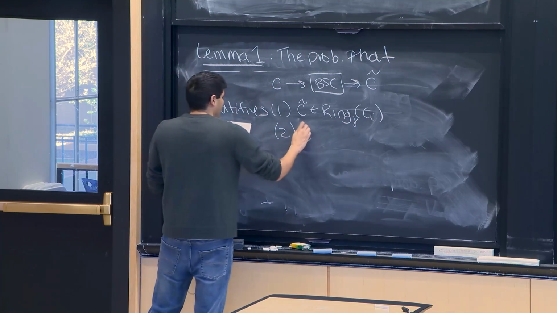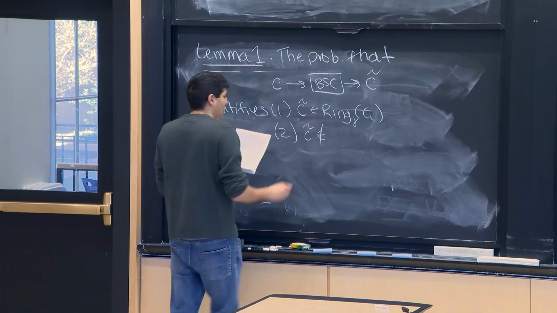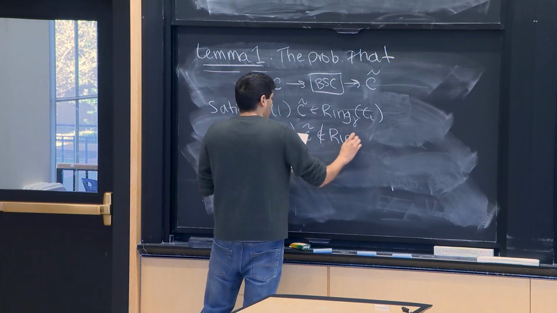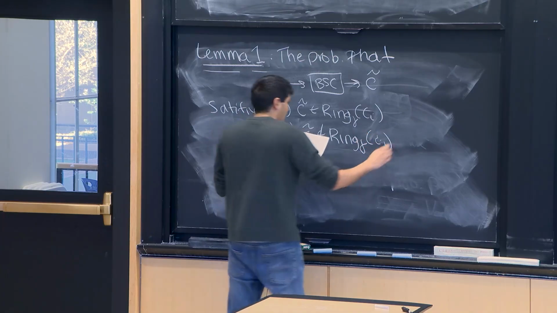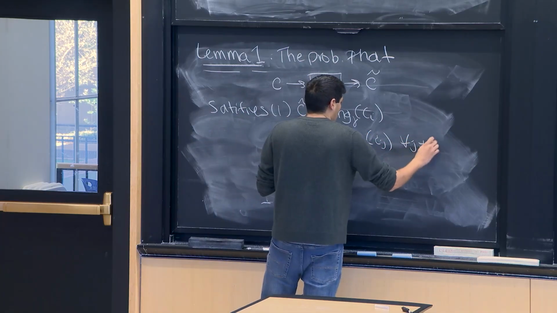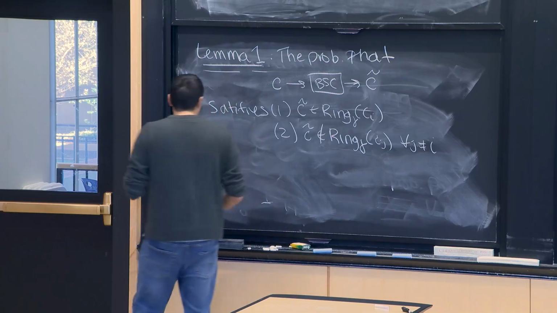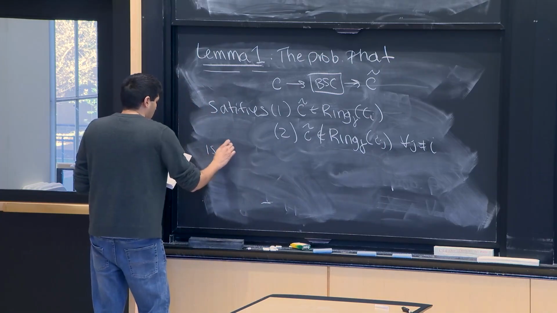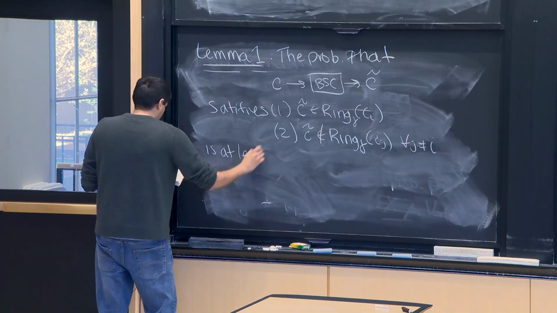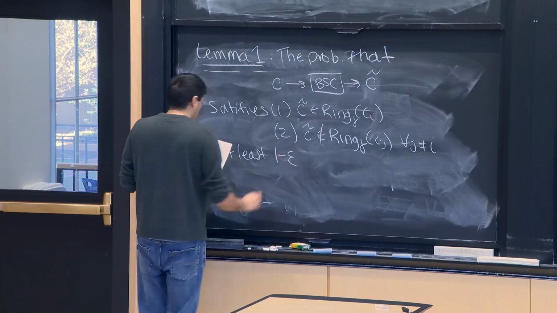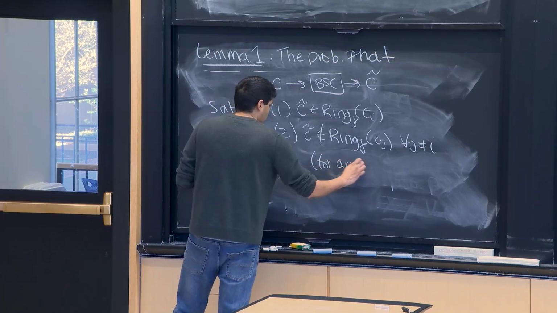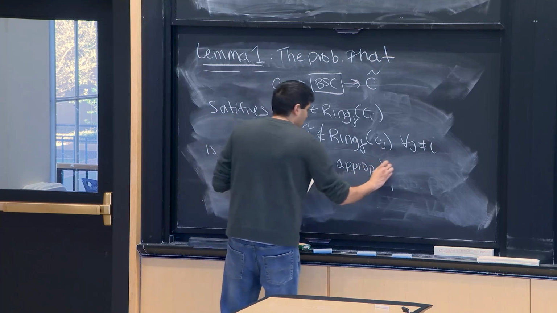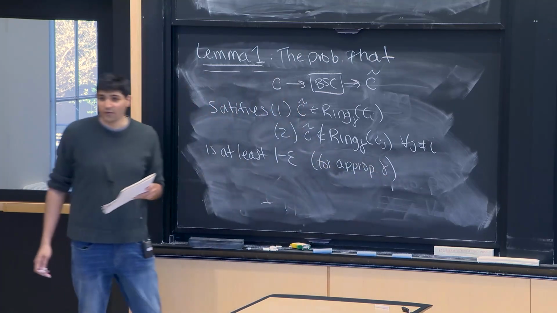And we want that C tilde does not belong to any other ring of width gamma around any other Cj for all j not equal to i. Well, I claim that this is at least 1 minus epsilon, and this will be true for appropriate choice of gamma, and as n goes to infinity.